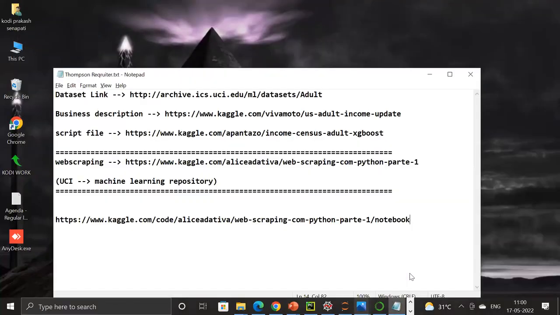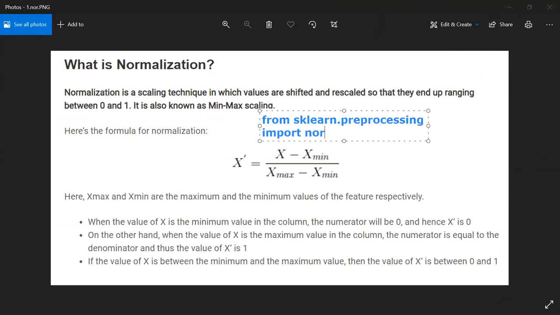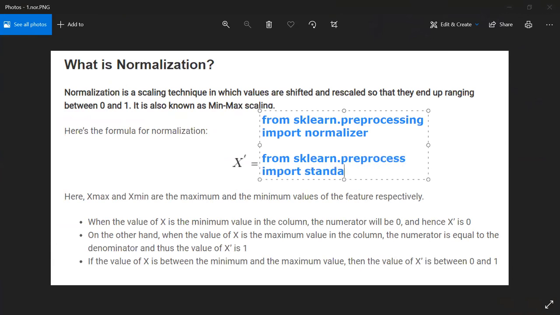So what exactly, when we mention this from sklearn, what package are we calling for preprocessing? Model selection or preprocessing, right? From sklearn.preprocessing import Normalizer, isn't it? Are you doing it or not, guys? From sklearn.preprocessing import StandardScaler, right?